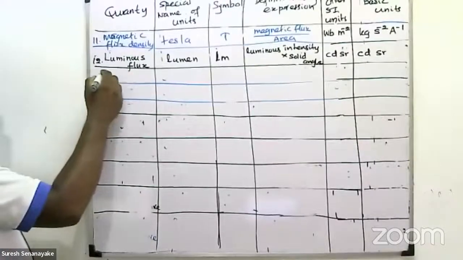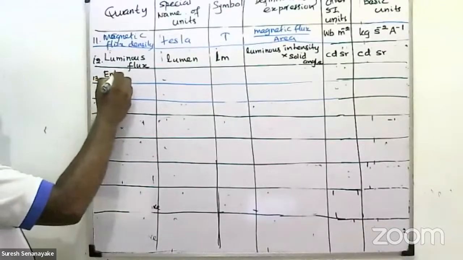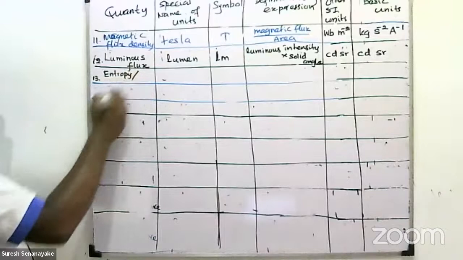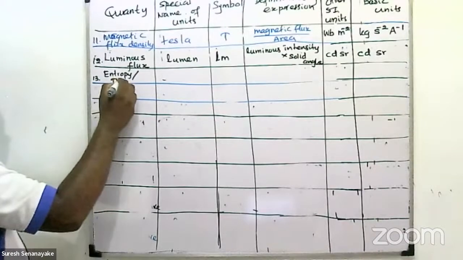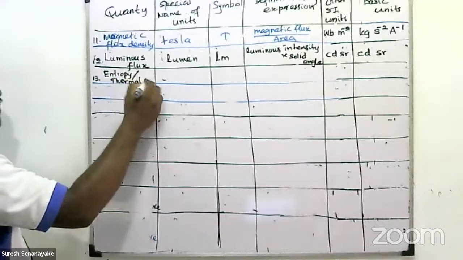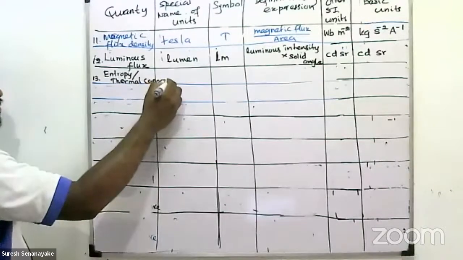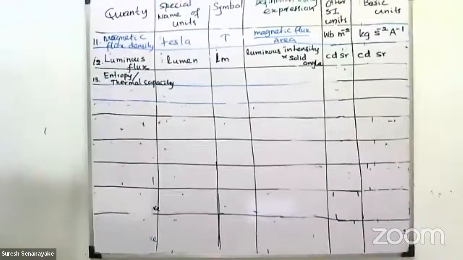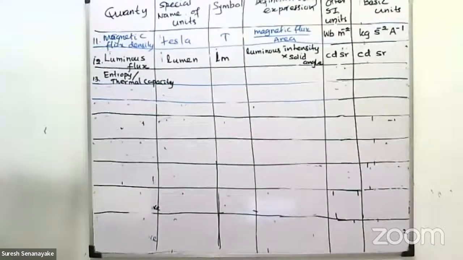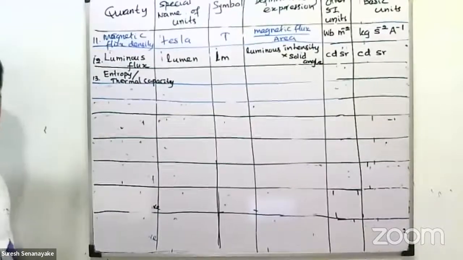The next one, entropy, or we call it thermal capacity.